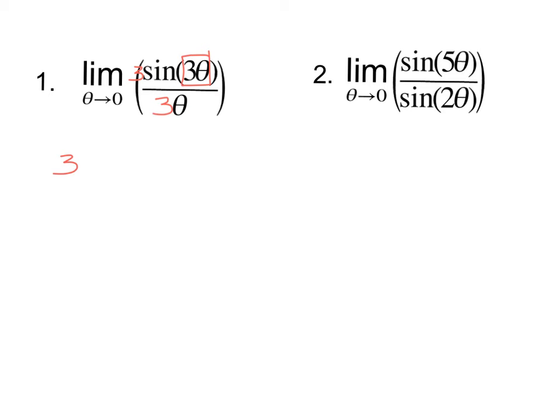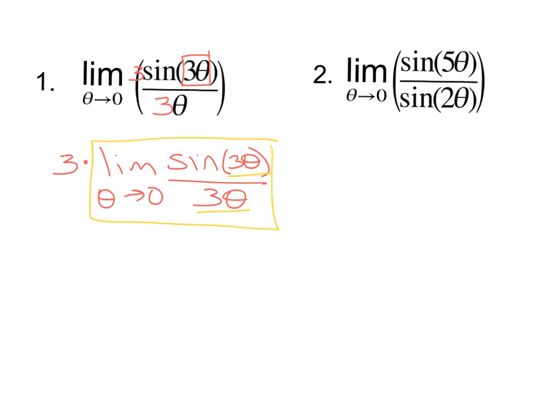So what we really have here is 3 times the limit as theta approaches 0, sine of 3 theta over 3 theta. Now that this and this are the same, we're allowed to say this whole thing is 1. 3 times 1 is 3. So the answer is 3.